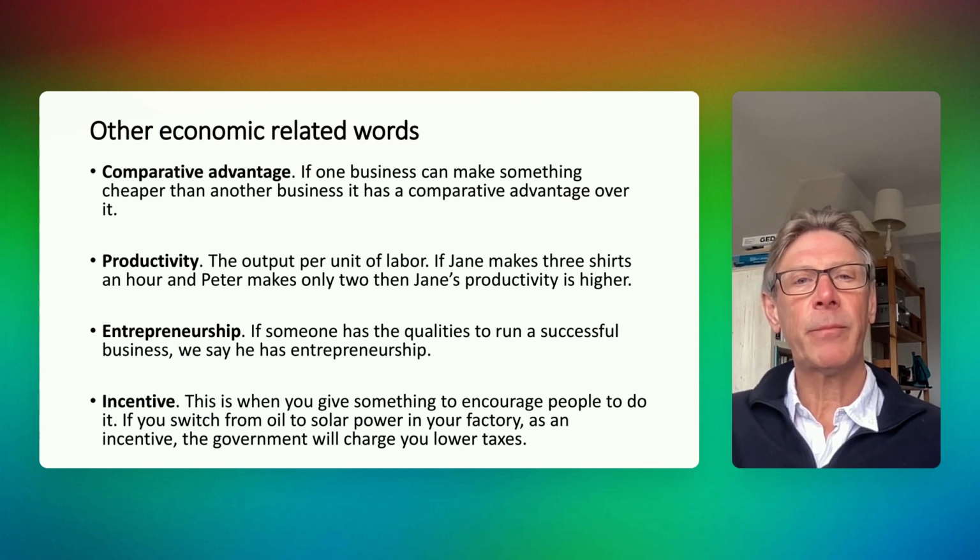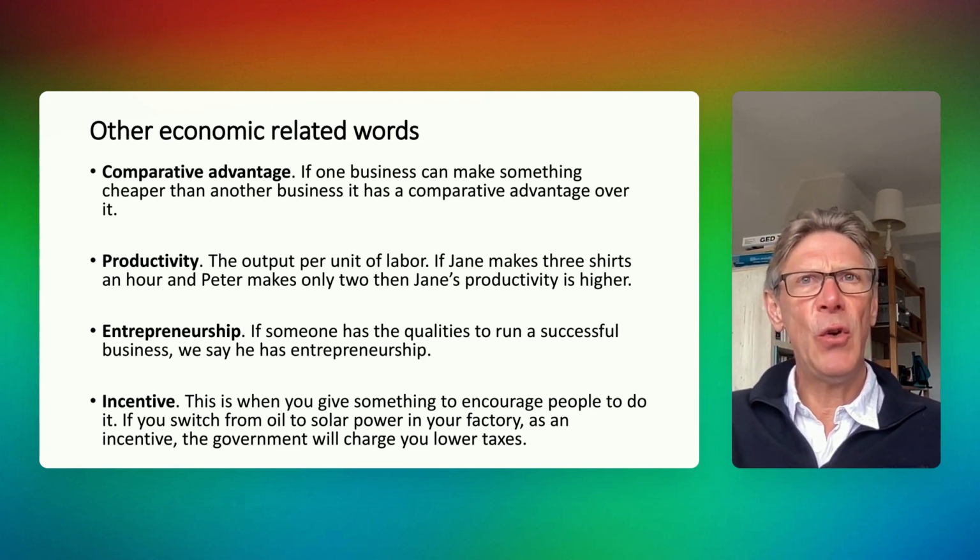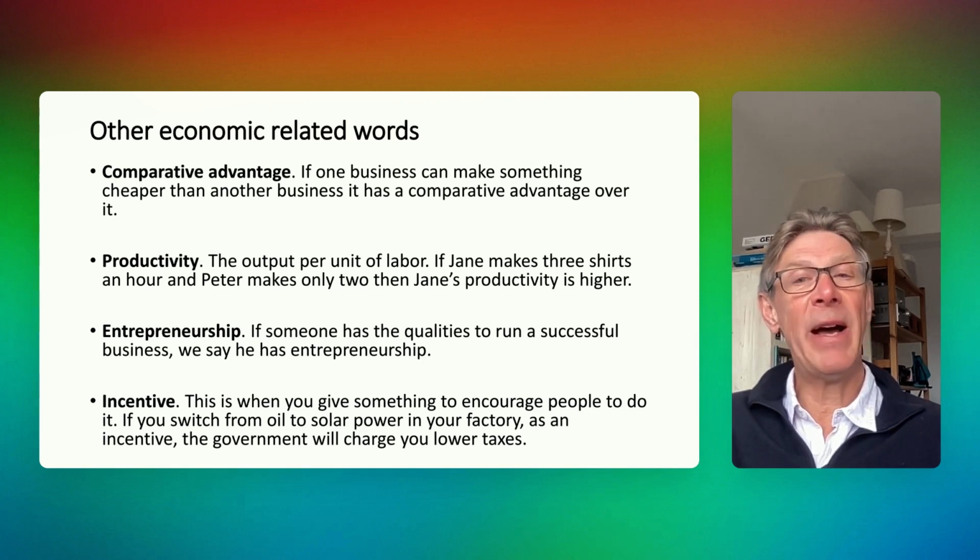Incentive. This is when you give something to encourage people to do something. So in the UK, we want to make the world cleaner. So if a factory switches from oil to solar power to power their machines, the government might charge them lower taxes or might even give them a free gift as an incentive.